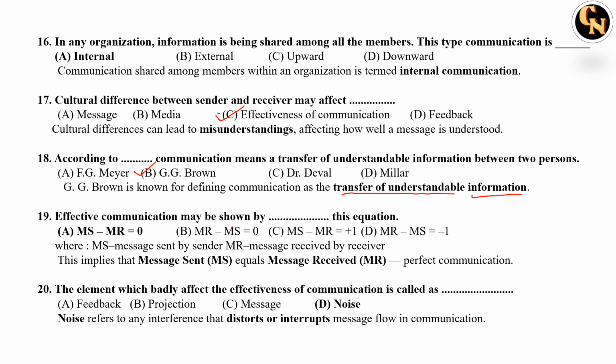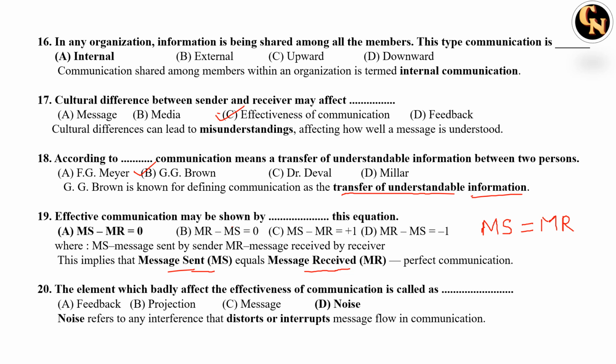Next is, effective communication may be shown by which equation. So they have given the equations here like MR, MS. MR indicates message received, and MS indicates message sent. Suppose there is a message sent, that is MS, and there is a receiver, message received. Now if the message sent is equal to the message received, then there is effective communication, correct? Message sent should be received equally.